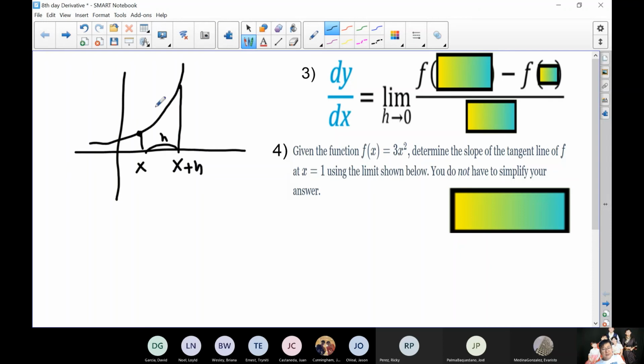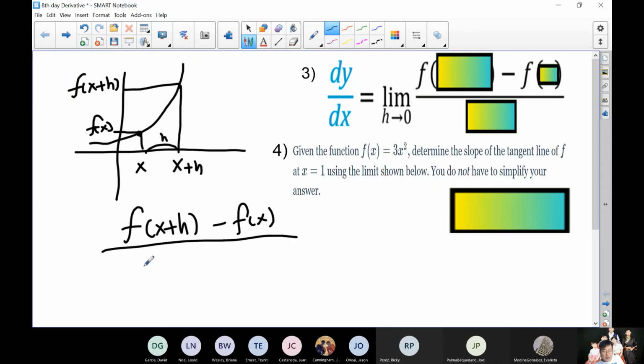So this is f of x, and this is the value f of x plus h. So y2 minus y1 over x2, which is x plus h, minus x.